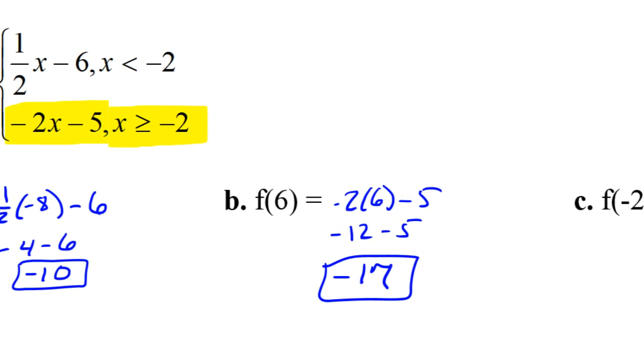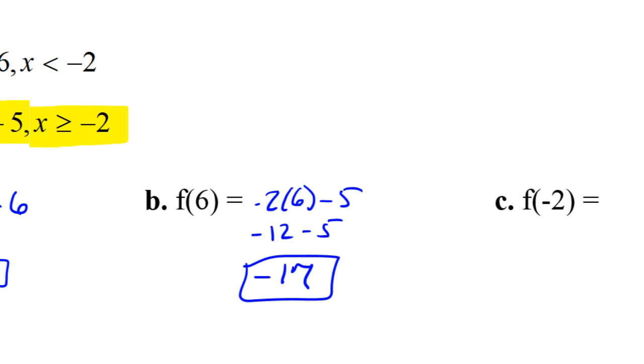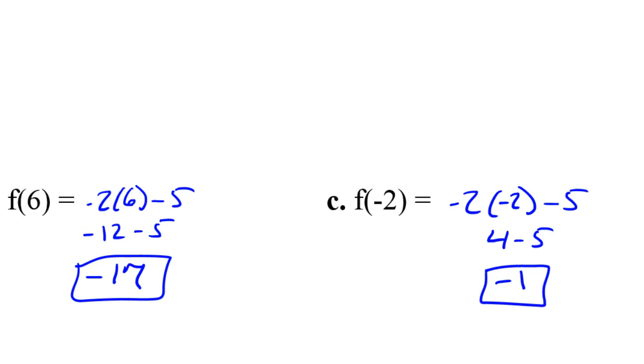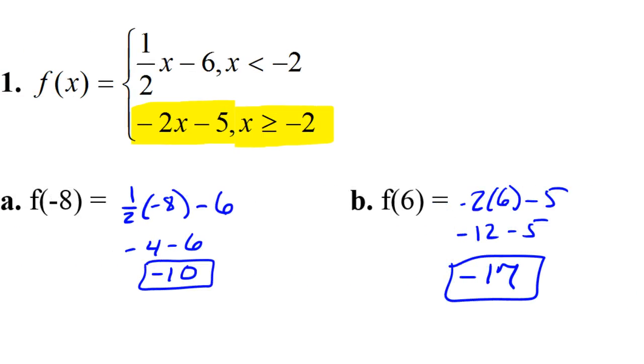So -2 times x minus 5. So in other words, -2 times -2 minus 5. Negative times a negative is a positive, so that makes -1. Okay, so that's how you evaluate a piecewise function.